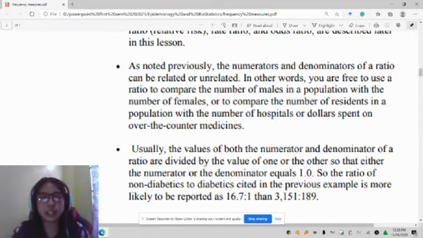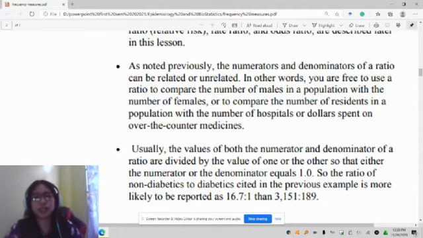In other words, you are free to use ratio to compare the number of males with the number of females, or to compare the number of residents in a population with the number of hospitals or dollars spent on over-the-counter medicine. But of course, you have to think of the purpose of why you are doing that ratio.